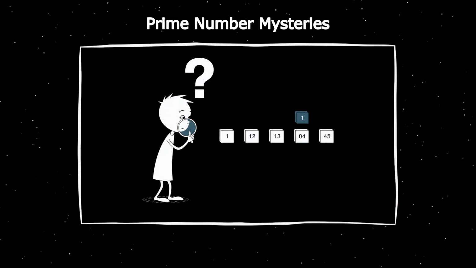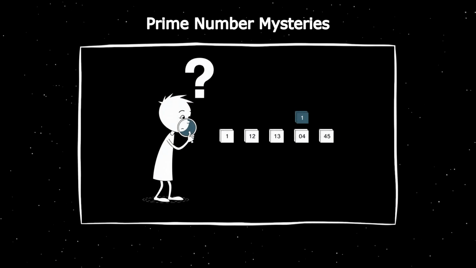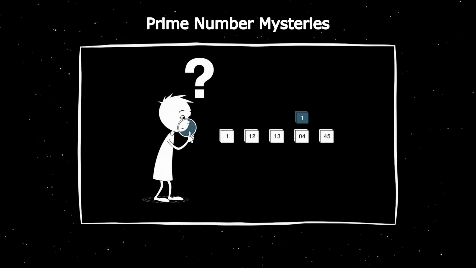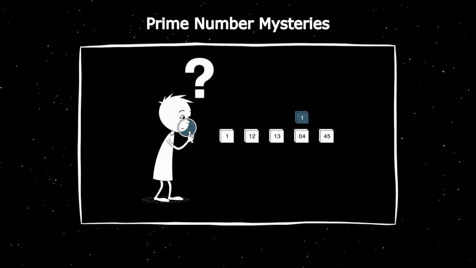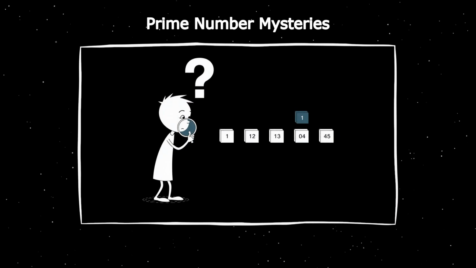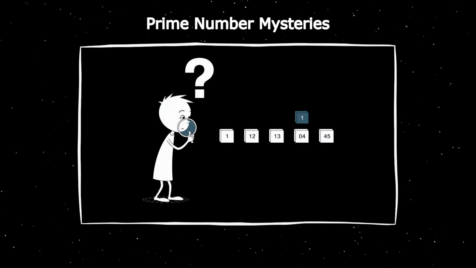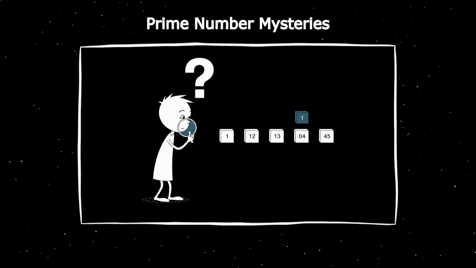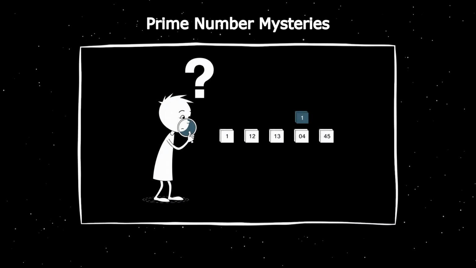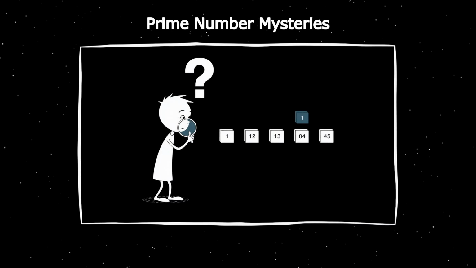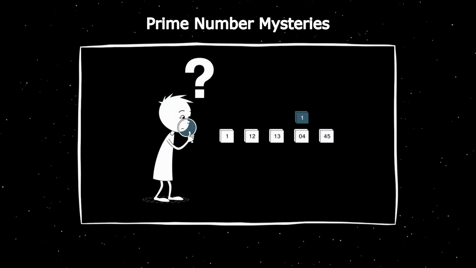Yet, even with all the advances in technology and theory, prime numbers retain an air of mystery. The Riemann Hypothesis, one of the most famous unsolved problems in mathematics, seeks to understand the distribution of primes by exploring the zeros of the Riemann zeta function. This intricate relationship hints at a deeper underlying order governing the primes, an elusive truth mathematicians have pursued for over a century.